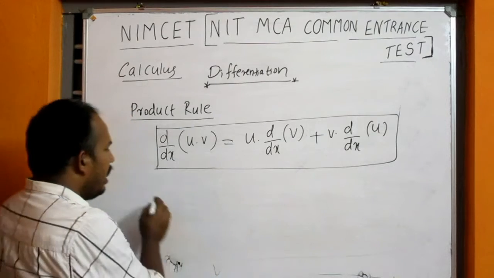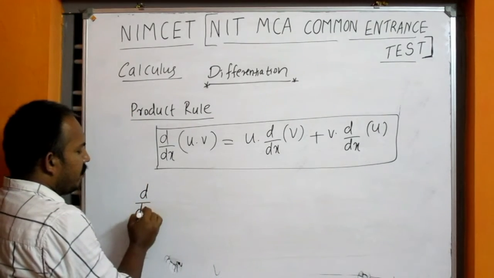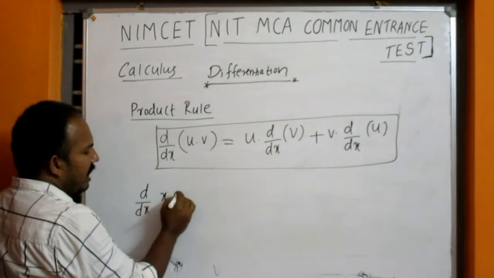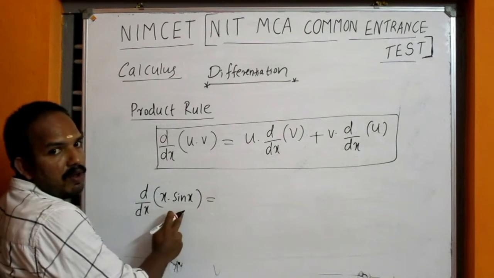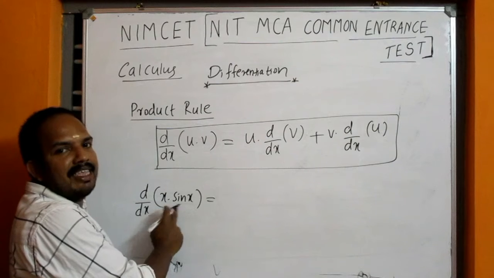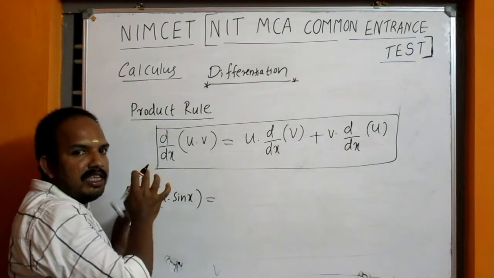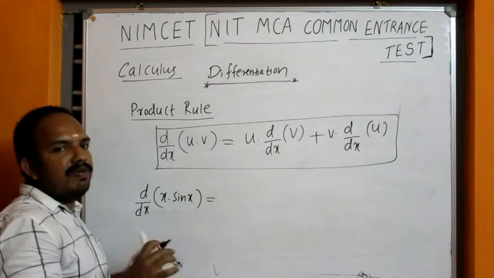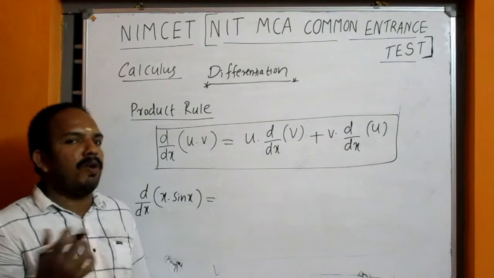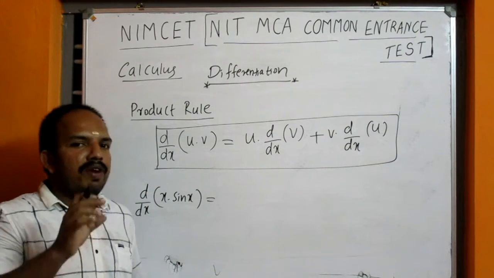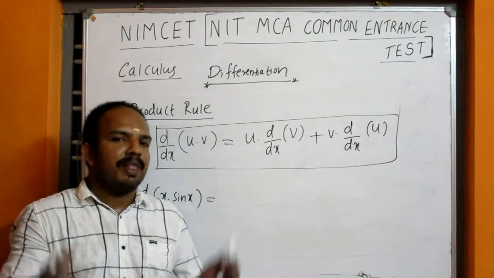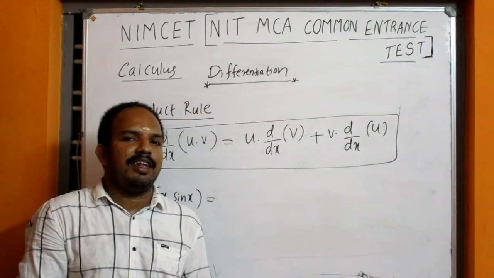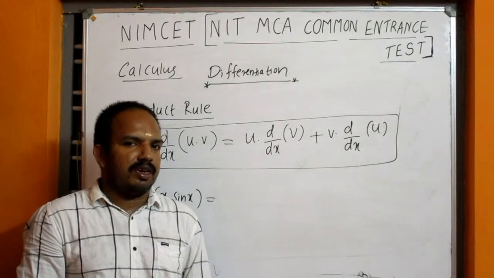For example, d by dx of x into sin x. So the question is in the form of a product of x and sin x. For the differentiation, we are applying the product rule. Product rule means first function into derivative of second function plus second function into derivative of first function. Clear?